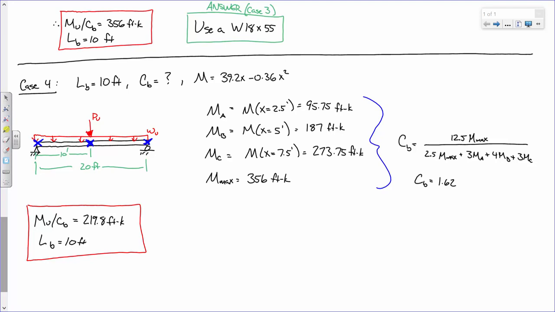W16 by 40. All right. Watch this. W16 by 40. And here's what I want you to do. I want you to go to table 3-2. And I want you to tell me. So go to table 3-2. I got it marked down right here.